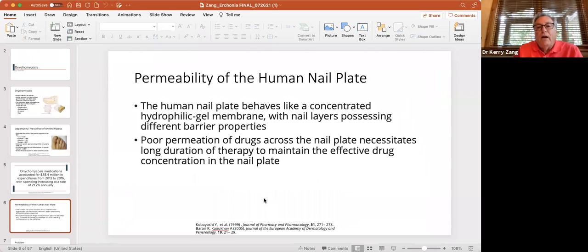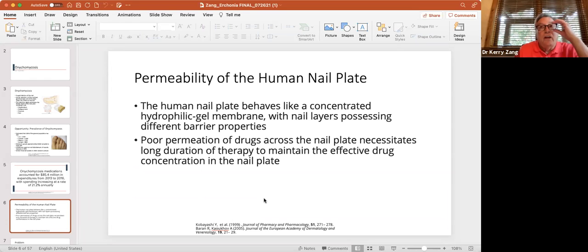The nail plate behaves like a concentrated hydrophilic membrane with multiple layers that have different barrier properties, which makes it almost impossible for our topical agents to get to the actual root of the problem. They can't access the actual fungus because the medication is prevented from getting there.